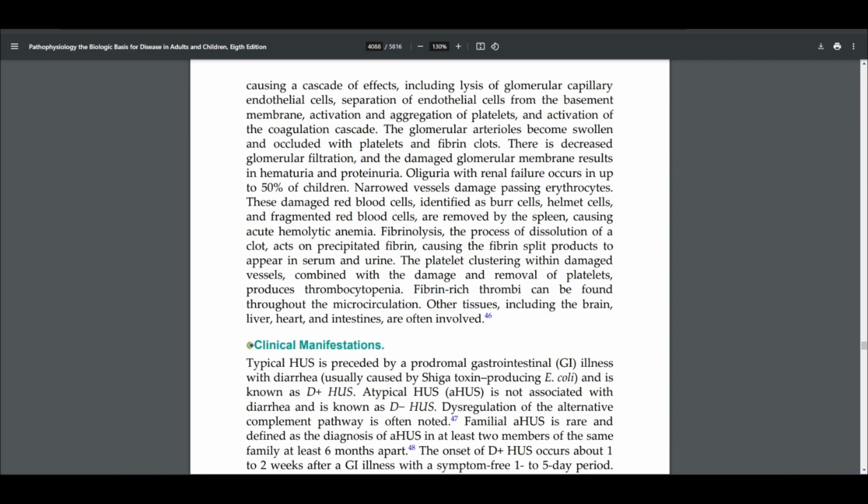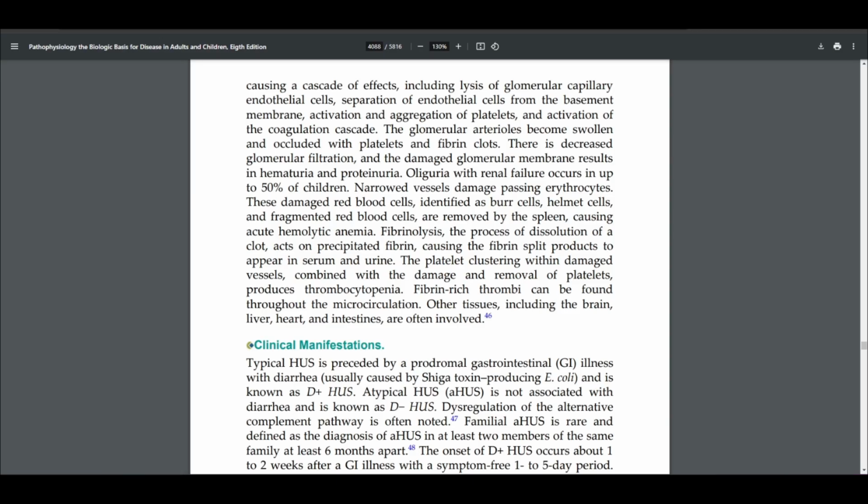The glomerular arterioles become swollen and occluded with platelets and fibrin clots. There is decreased glomerular filtration, and the damaged glomerular membrane results in hematuria and proteinuria.